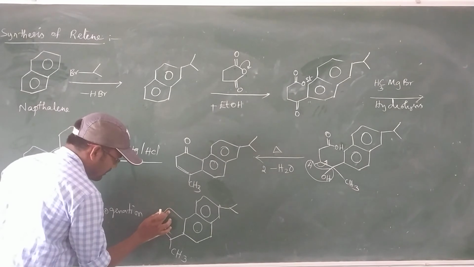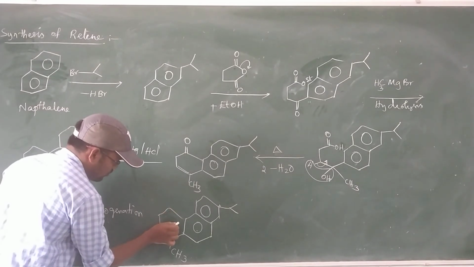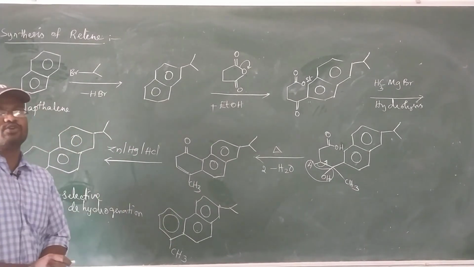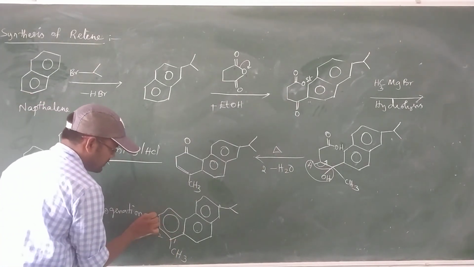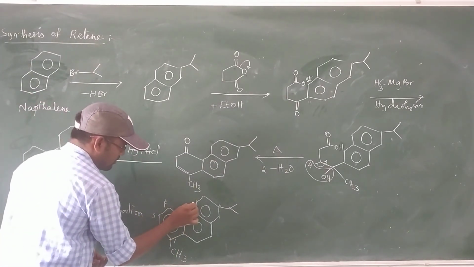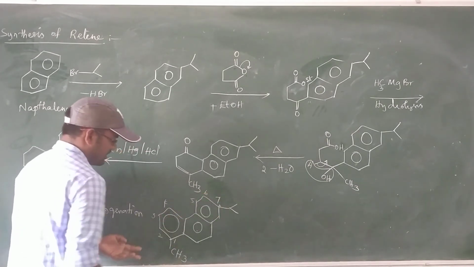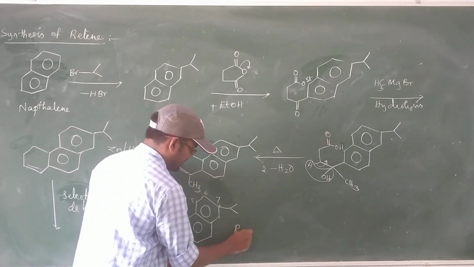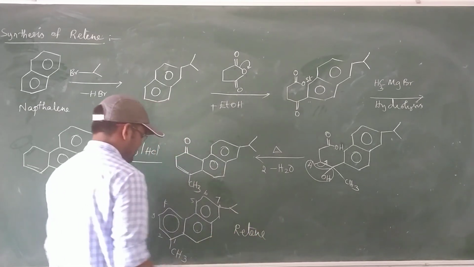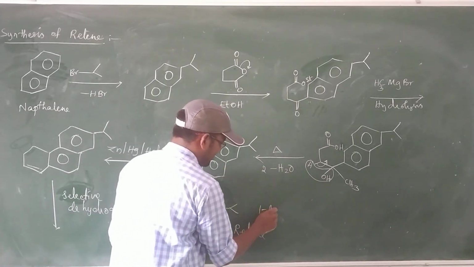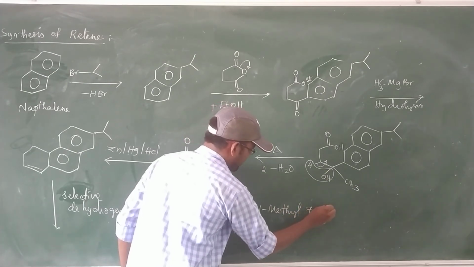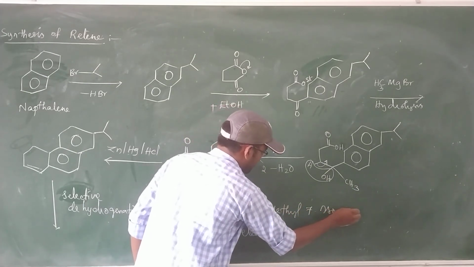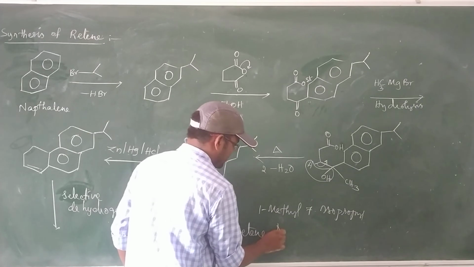For our convenience, we should note that this ring is also aromatic. Numbering, let's take 1, 2, 3, 4, 5, 6, 7. Retene is nothing but 1 methyl, 7 isopropyl phenanthrene.